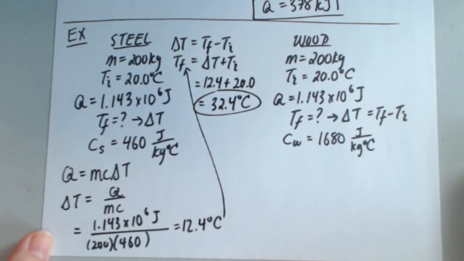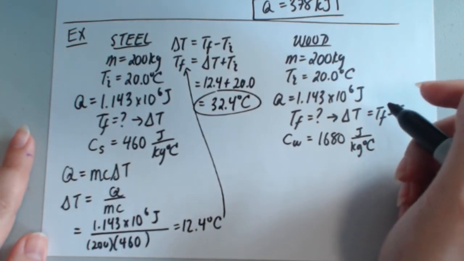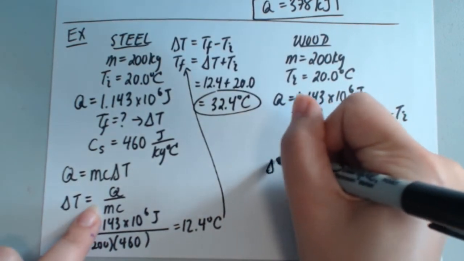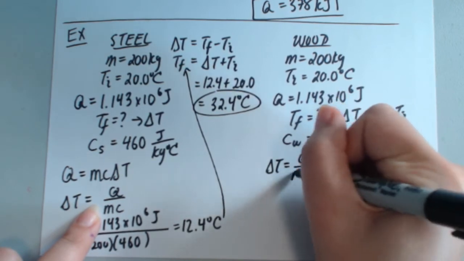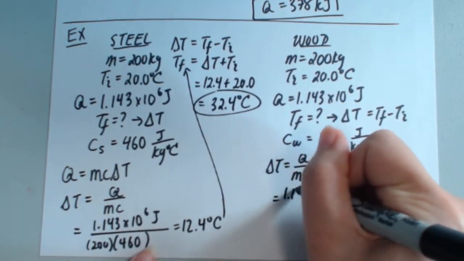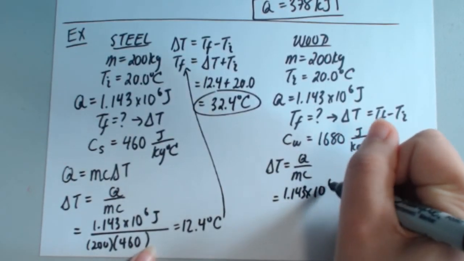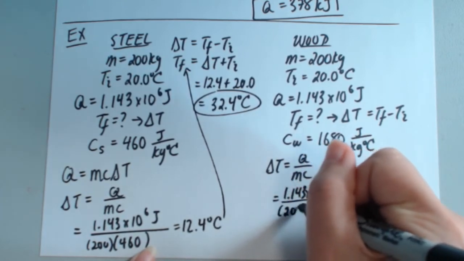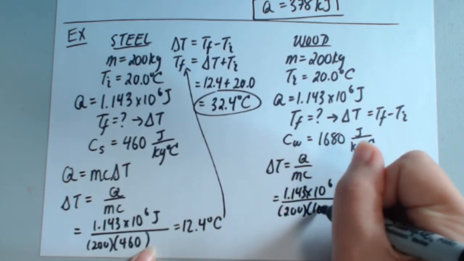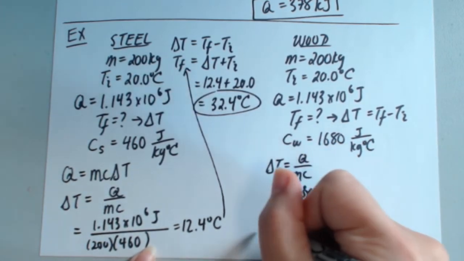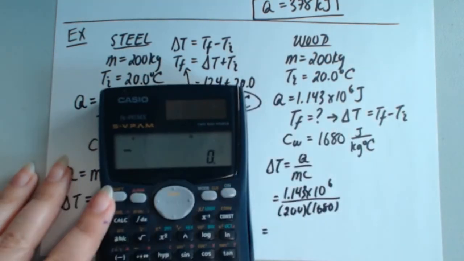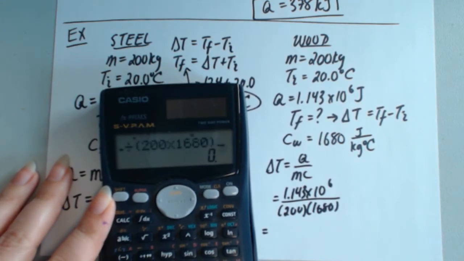So the final temperature of the steel is 32.4. And for wood, delta T is equal to Q over MC, so 1.143 times 10 to the 6 divided by 200 times 1680.